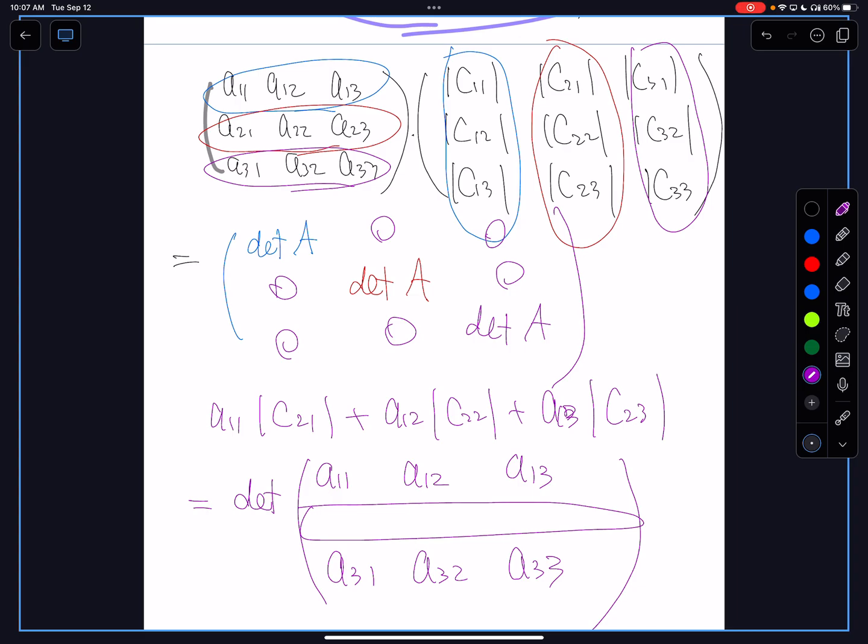But what are these A11, A12, A13? This is essentially the same as the determinant of this matrix, right?